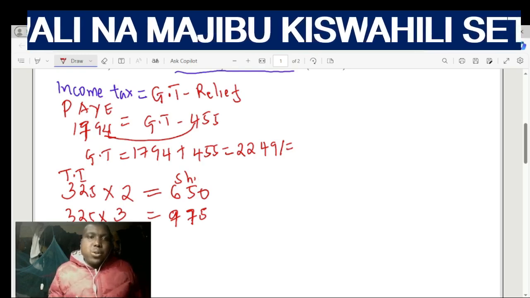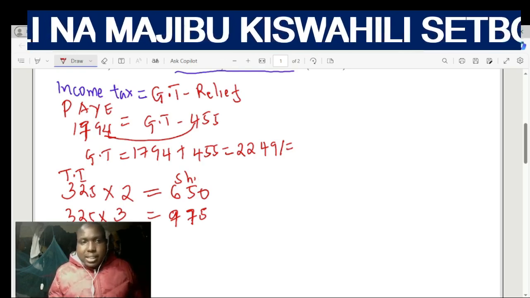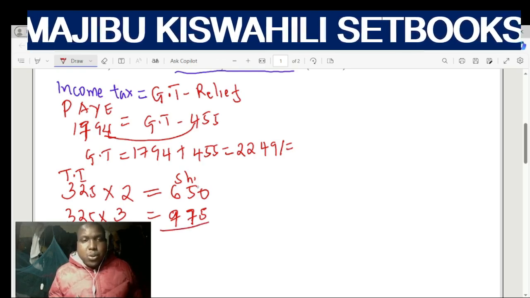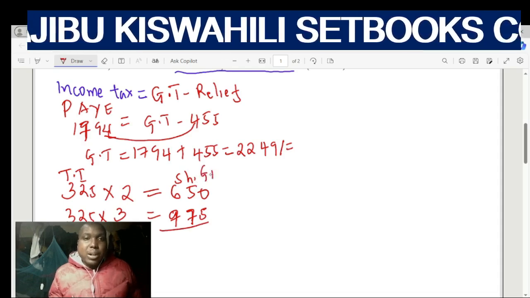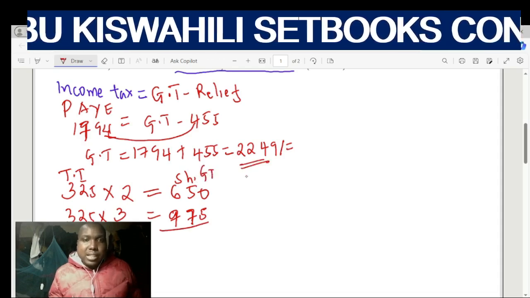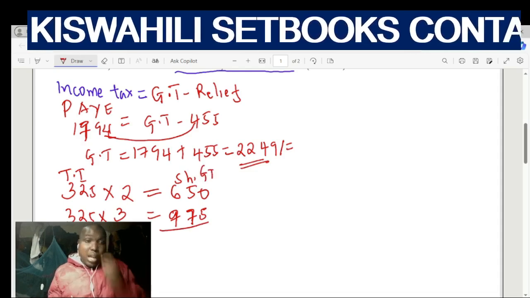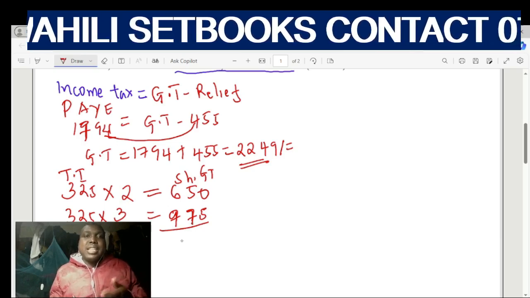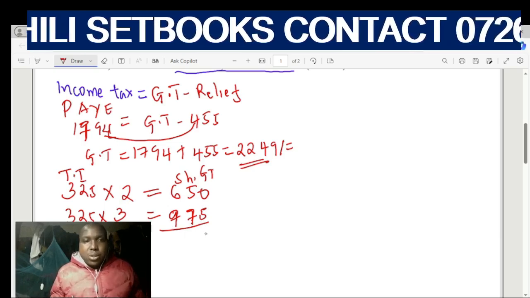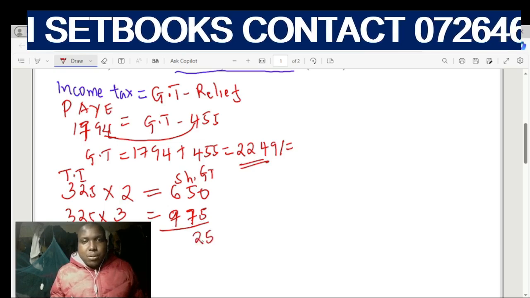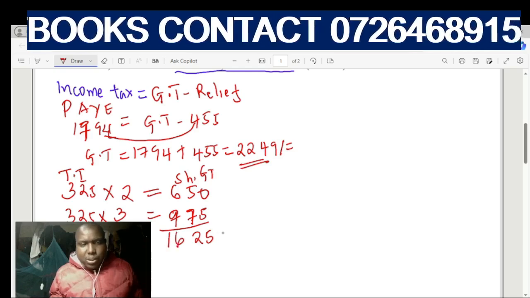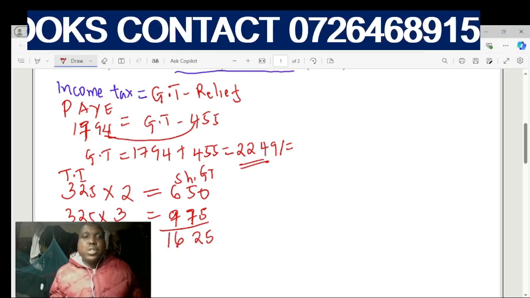Now if you try to go to the next band, times 4, you realize that this amount of money will go beyond our gross tax total. So we will not go to the next slab. We add these first: 325, 650, 975, which gives 1625. Going to the next slab would go beyond 2249, which we had.